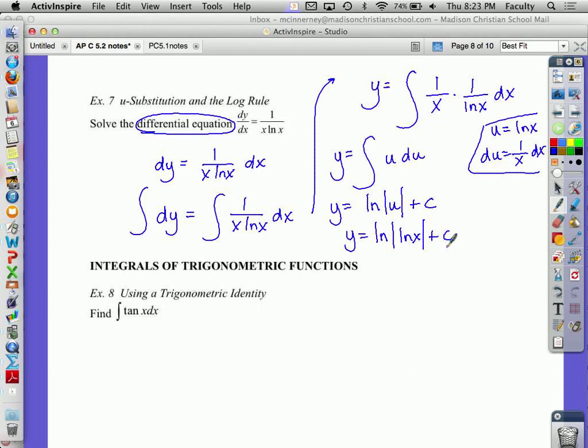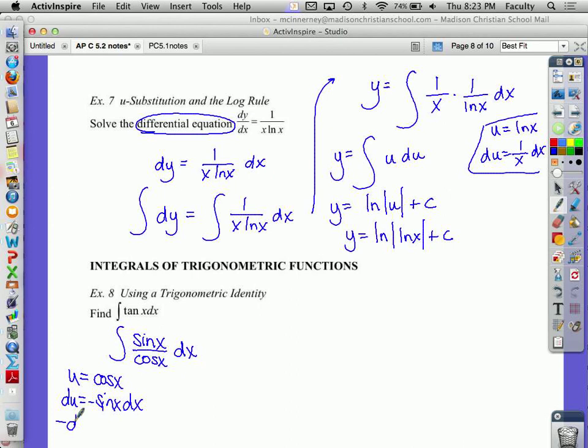All right, example 8. If I try to integrate tangent x dx, unless I have it memorized, I would be stuck. So I'm going to rewrite tangent x as sine x over cosine x dx. And then watch, I can let u equal cosine x. du is negative sine x dx.